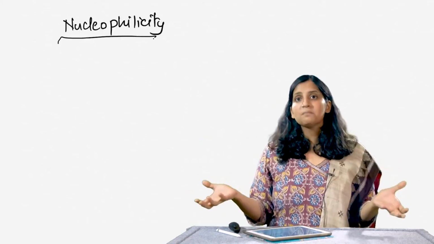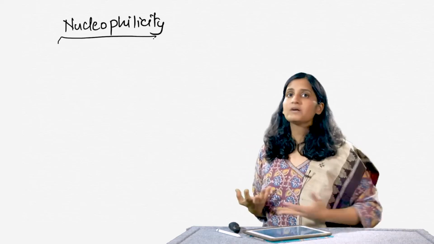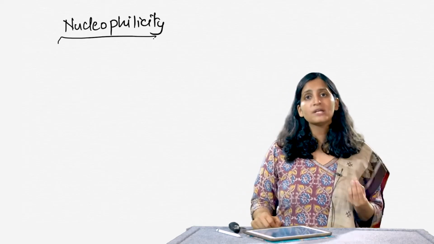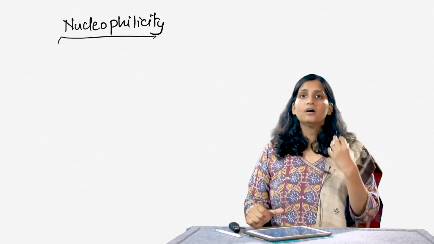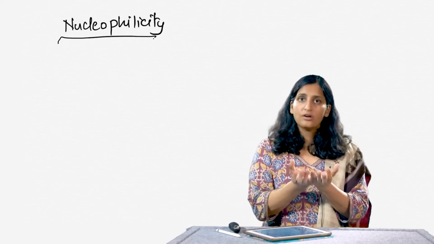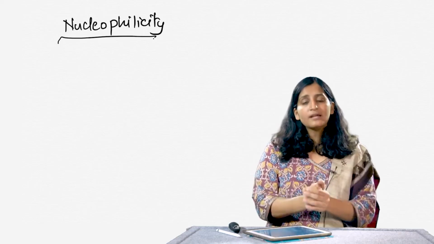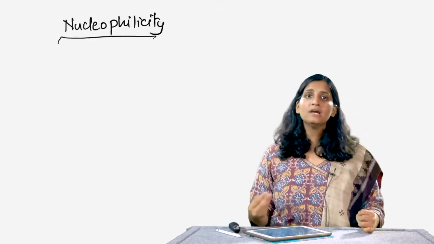If you have a lot of people surrounding you, it is going to be very difficult for you to reach a particular destination. That is what happens in the case of polar protic solvents when we have nucleophiles in them: the solvent molecules will surround this nucleophile and make it less reactive, such that its ability to go and attack gets decreased.